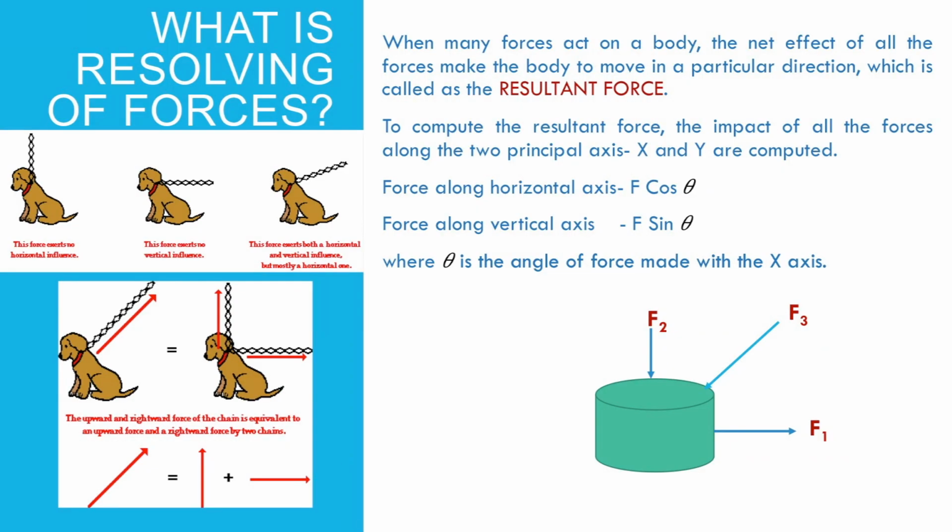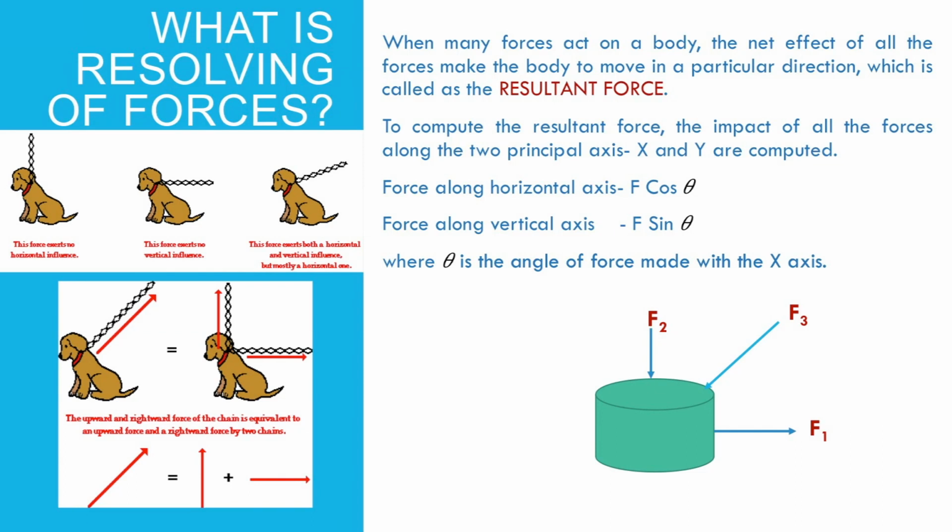So, whenever an inclined force is acting, we can understand that it is a combination of both horizontal and vertical forces. Just like you can see in the bottom picture, the angular force is a combination of both vertical and horizontal force. So, what we are trying to explain is that whenever a force is acting in an angular direction, we can resolve it into a horizontal force and a vertical force.